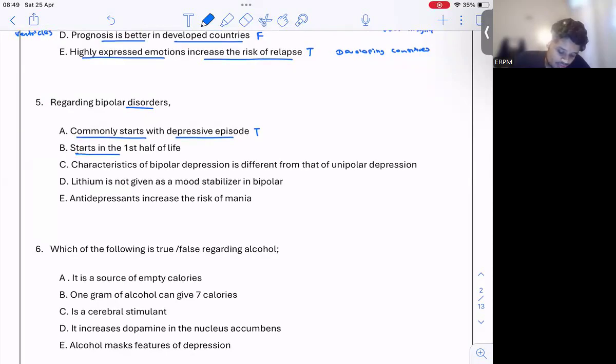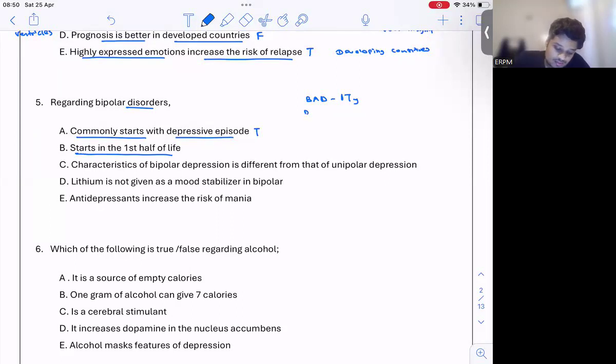Starts in the first half of life. Okay, now you need to know about the age of onset of these main psychiatric disorders. So in bipolar, the onset we consider is around 17 years.